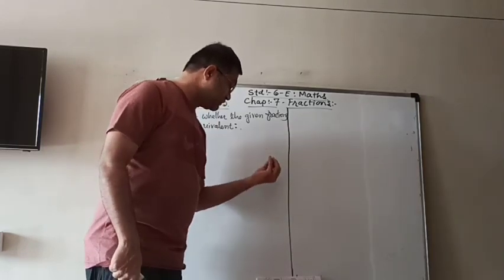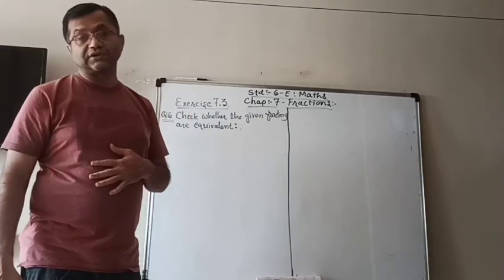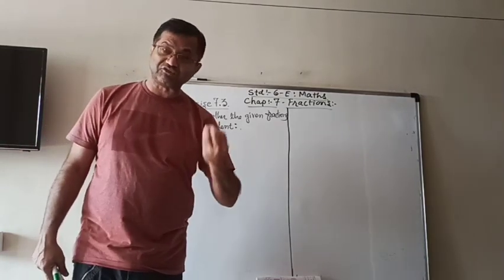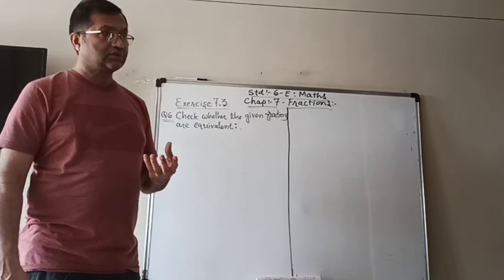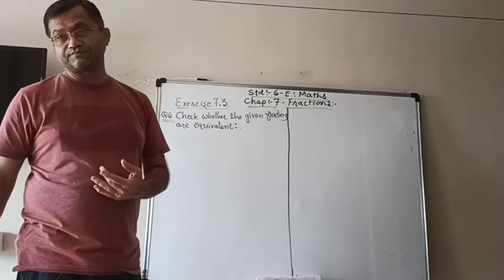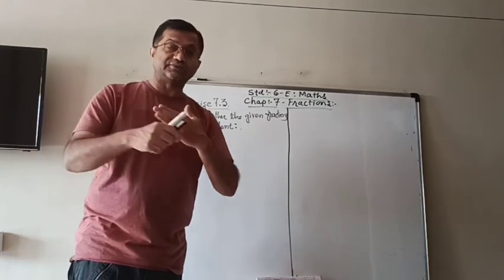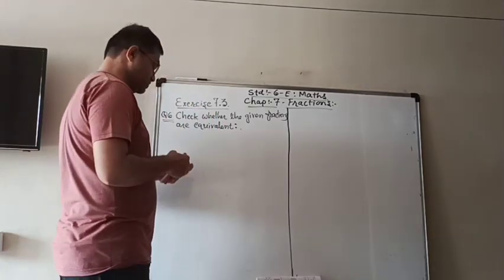Check whether the given fractions are equivalent. So two fractions will be given. We have to check whether they are equivalent or not, and we will use that very interesting result of cross multiplication.